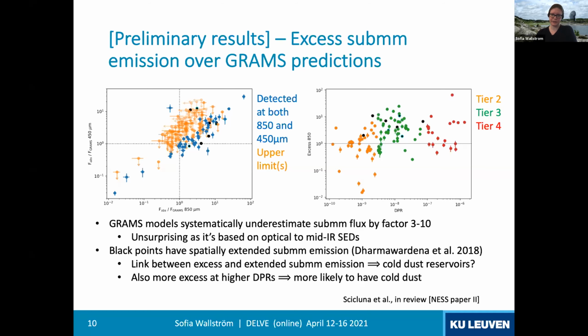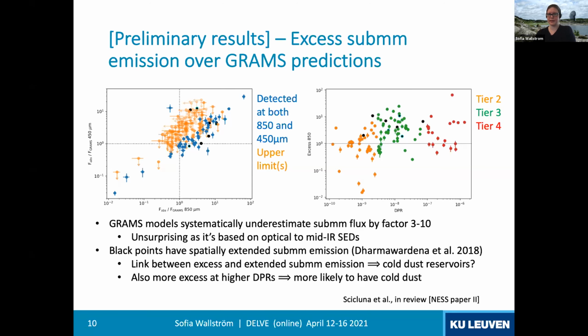We've plotted on the left here the excess over the GRAMS predictions. So 450 micron is on the y-axis and 850 on the x-axis. And as you can see, most of our sources have an excess over the GRAMS predictions.